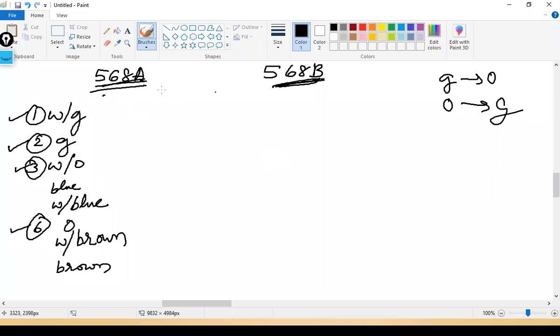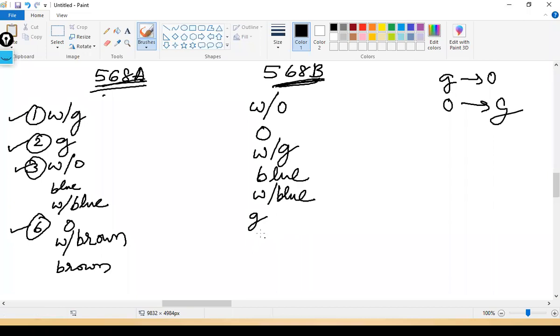So the first one will be white orange. The second one will be orange. And the third one will be white green. The fourth, fifth, and the rest will remain the same. The fourth will be blue and the fifth will be white blue. The sixth one will be green.